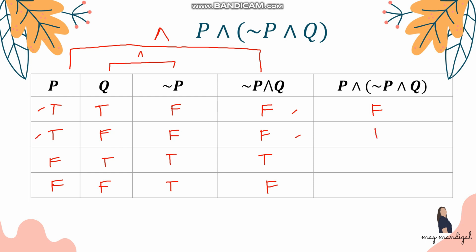So that means that is also false. We have false, we have true. So that means it's also false. We have false, we have false. So obviously the conjunction will be false. Now as you notice, all of the truth values here that we got are all false. So that means this will fall under contradiction.